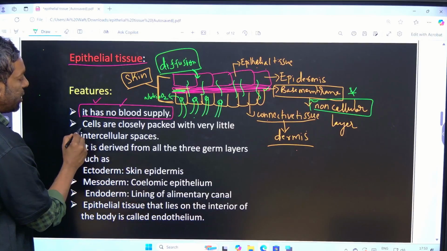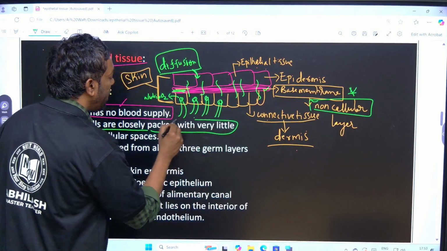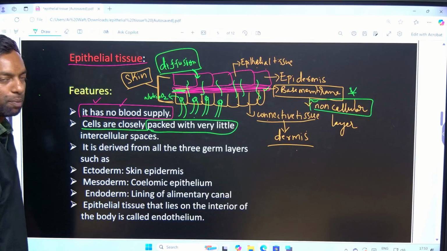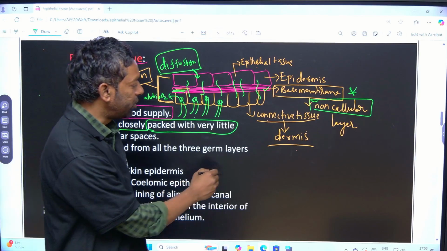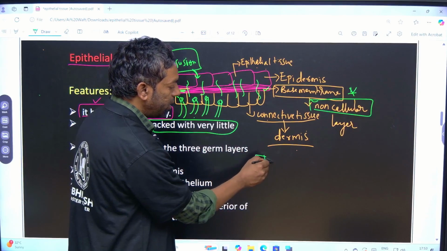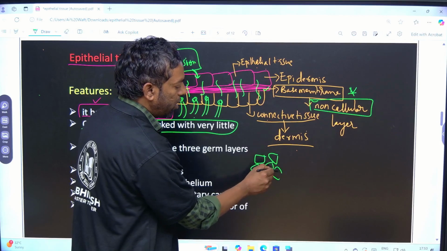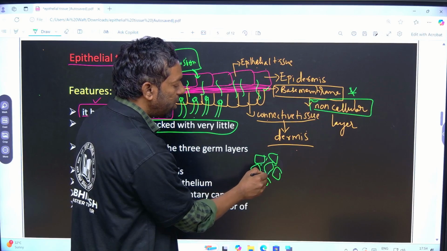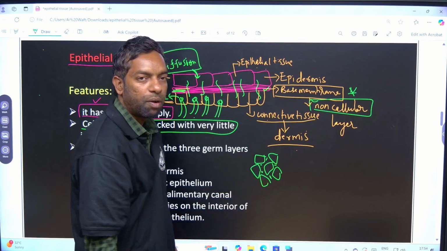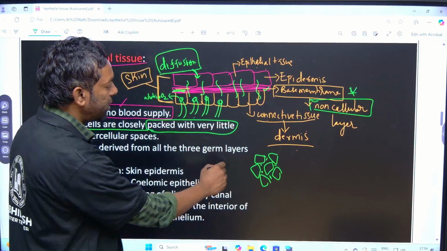The cells are closely packed with very little intercellular space. This is another feature of epithelial tissue. There is a very narrow space of intercellular matrix.